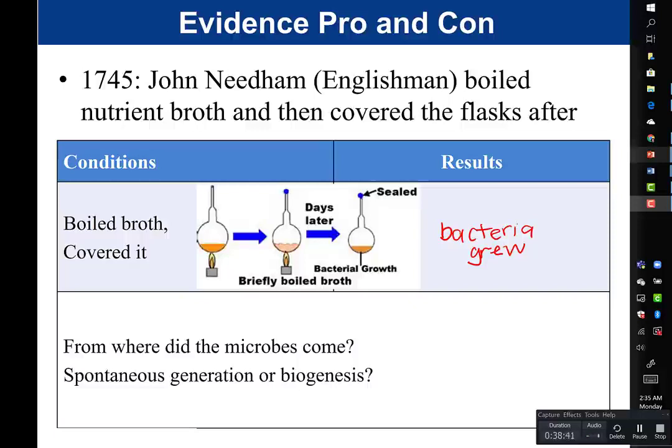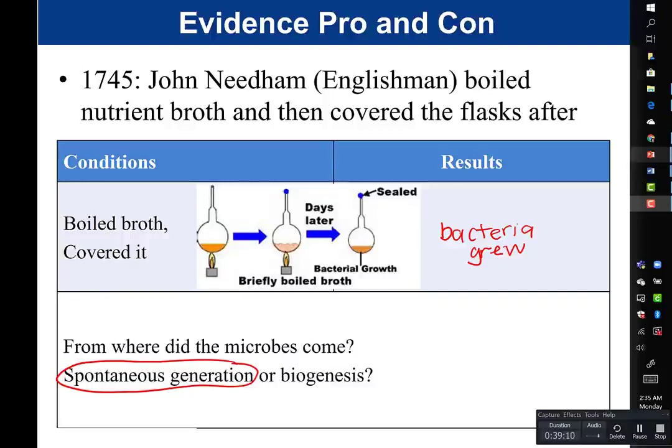His conclusion based on this experiment was that it was spontaneous generation, that life could come from nothing, right? He boiled it. He thought, well, I killed off the bacteria and then I covered it and somehow the bacteria grew. So that must be that spontaneous generation can occur, that you can get growth from nothing.